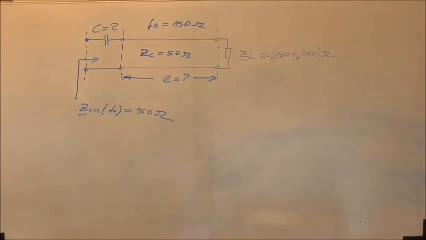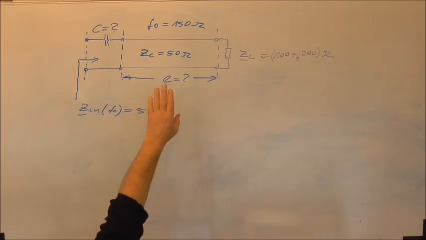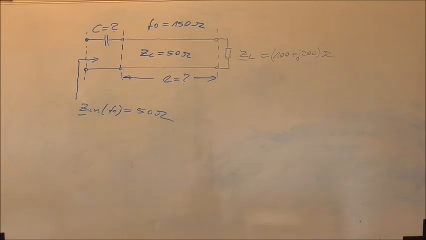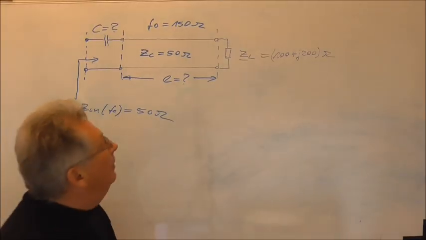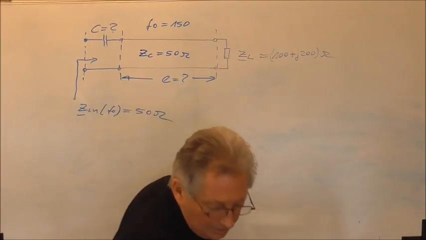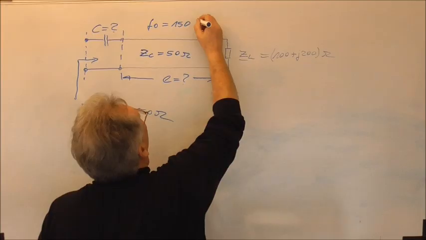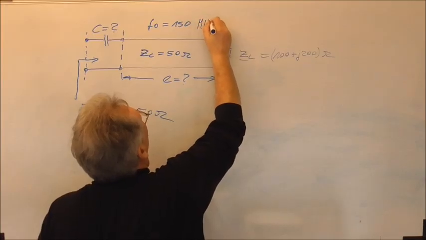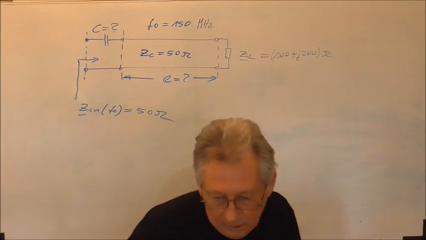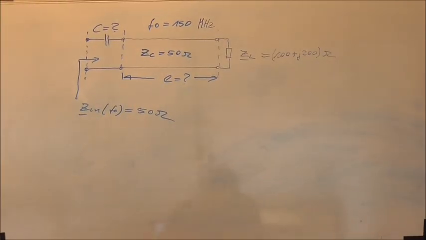You have to figure out the length of the transmission line and the value of the capacitor if it shall operate at 150, oh, not ohm, sorry. Of course here it must be written megahertz. Of course this would be the wrong unit for frequency. So I want to have the matching at 150 megahertz, and this would be the task for you to solve now.